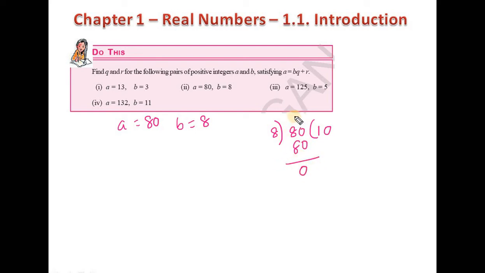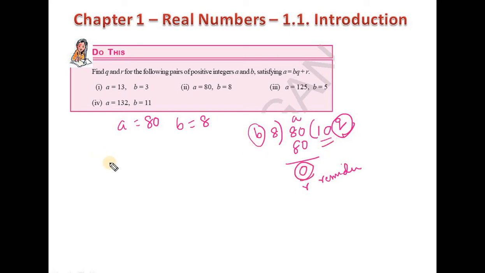So this is your A value, this is your B value, this is your Q value, this is your R value. So here this is your remainder and this is your quotient and this is your divisor and this is your dividend. So now if you see, Q value is 10 for this problem and R value is 0.